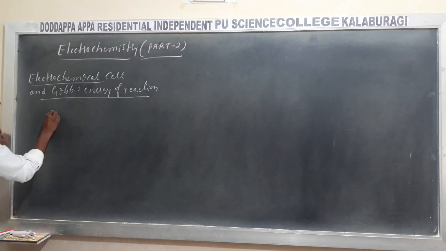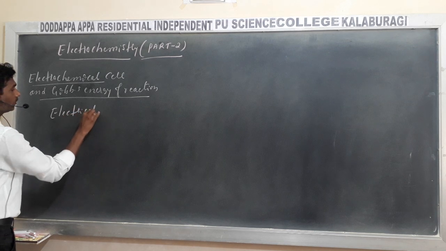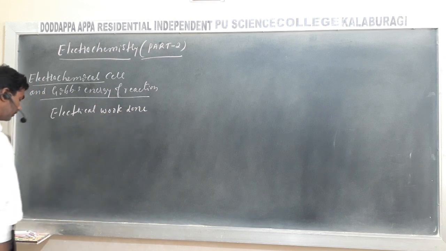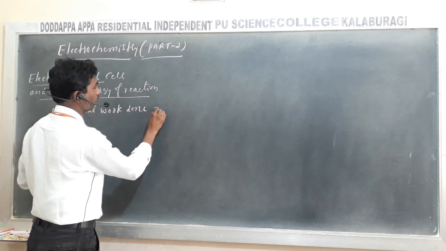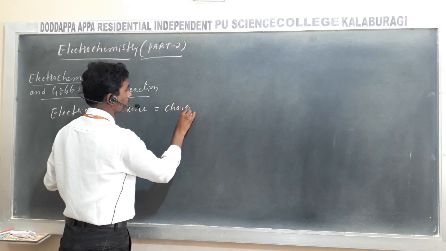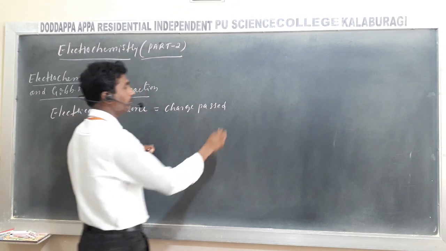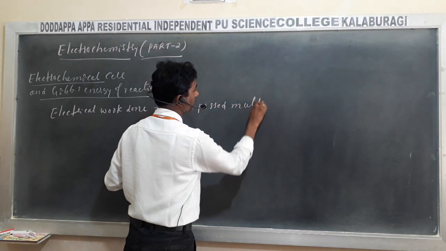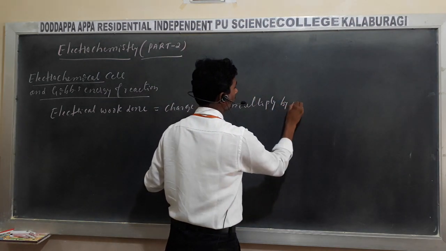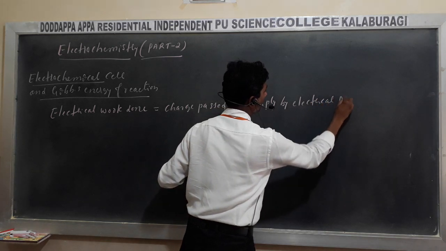So here, the electrical work done is equal to what? The electrical work done is equal to charge passed multiplied by electrical potential.